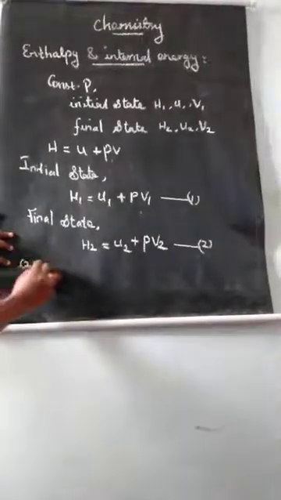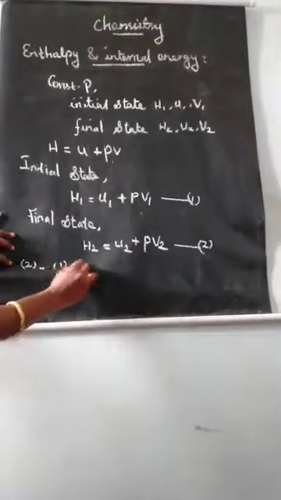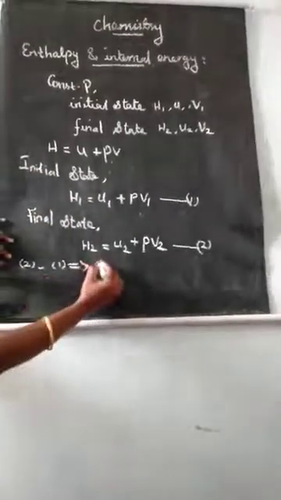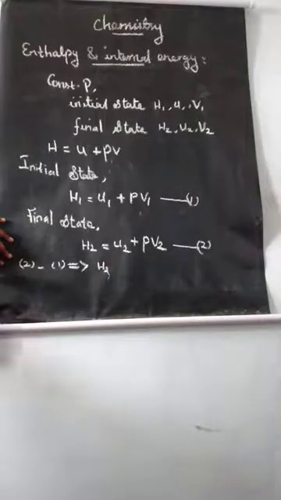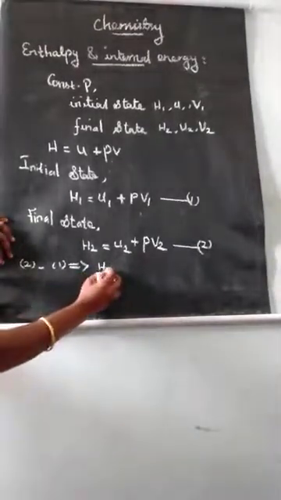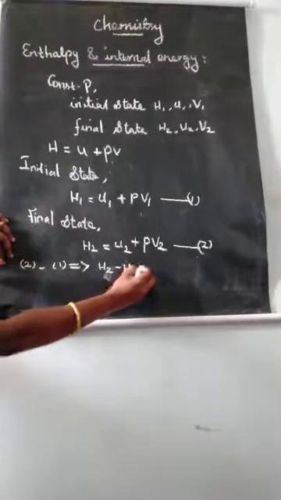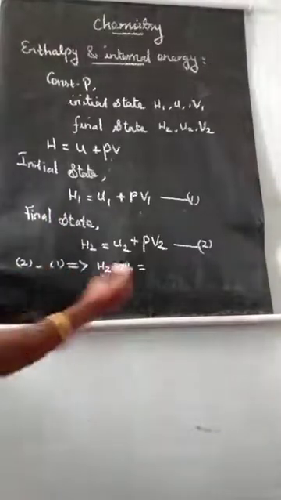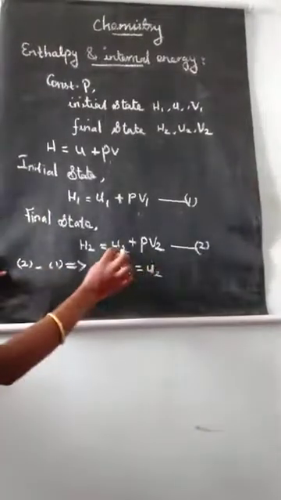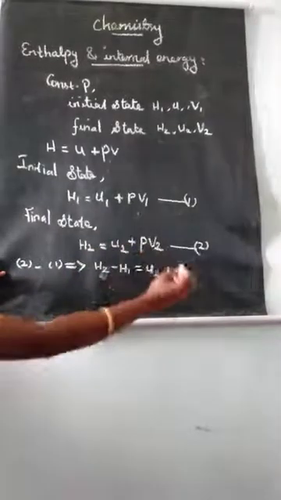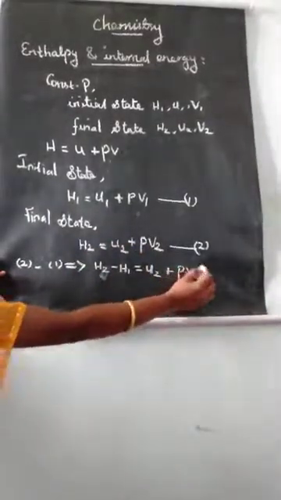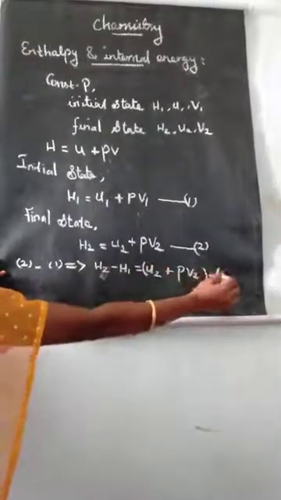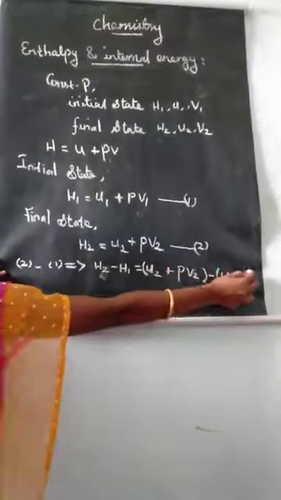Equation 2 minus equation 1, final state minus initial state. H2 minus H1 is equal to U2 plus PV2 minus U1 plus PV1.